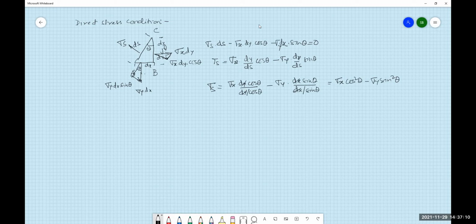And we can put it in this particular line, sigma theta. It is not sigma x actually. In the problem, it is sigma theta. So this becomes sigma theta.